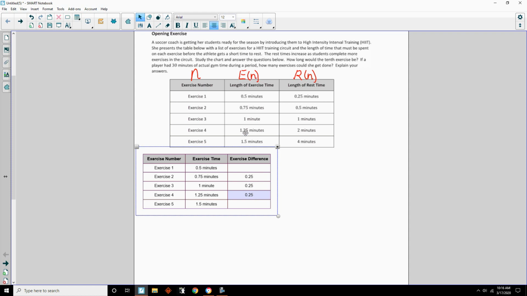And 1.5 minus 1.25 is 0.25. So right there we see that the length of exercise time has the same common difference of a quarter of a minute, or 15 seconds. We're increasing 15 seconds in time after each exercise. So E of n is arithmetic. We don't need to check for a common ratio because we already know there's a common difference.